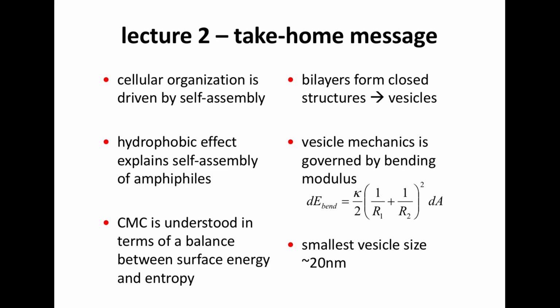Now, in this complete formulation, which we didn't use in our description, we assumed that vesicles or membranes can not only be curved into a spherical structure, but that there are two radii of curvature that have to be considered. Now, from these considerations, we simply could estimate that the smallest vesicle size is 20 nanometer, which actually has been experimentally found.